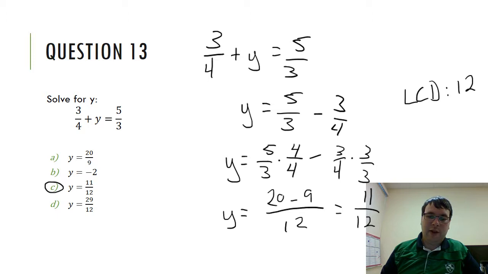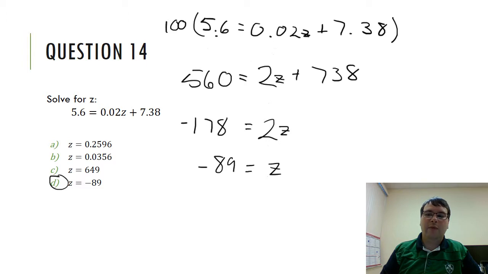I know my denominator is going to be 12 here. 5 times 4 is 20, minus 3 times 3 is 9. 20 minus 9 is 11. 12 did not change. So y is 11/12, or answer C. Let's move on.